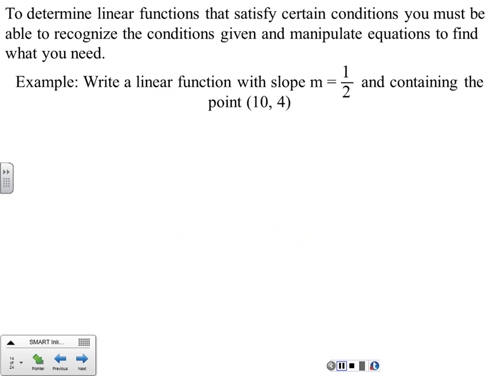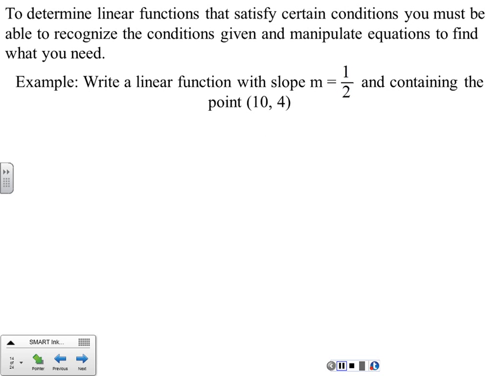So, to determine linear functions that satisfy certain conditions, you must be able to recognize the conditions given and manipulate equations to find what you need. Read that one more time to yourself. Okay, so what 2 equations are we talking about? Well, actually, there's 3 equations. We have slope-intercept form.